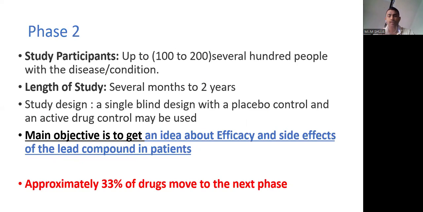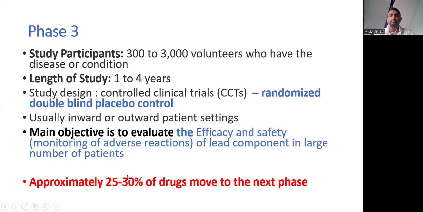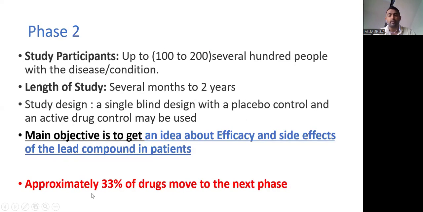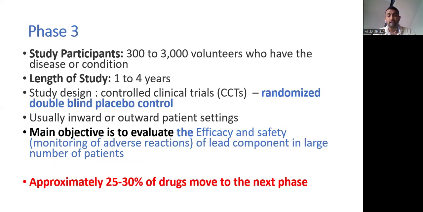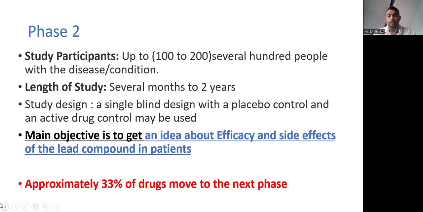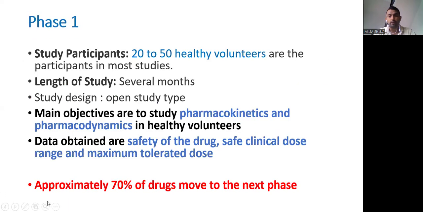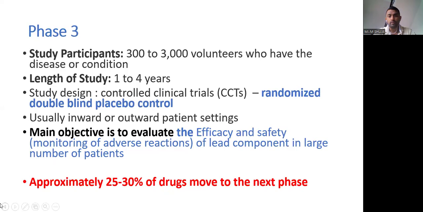After the end of phase two, approximately 33% of the drugs move to the next phase. After the end of phase three, approximately 25 to 30% of the drugs move to the next phase.